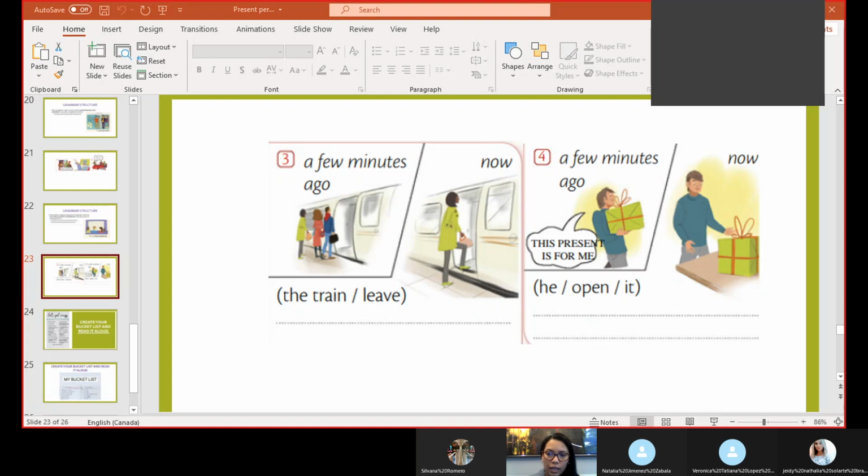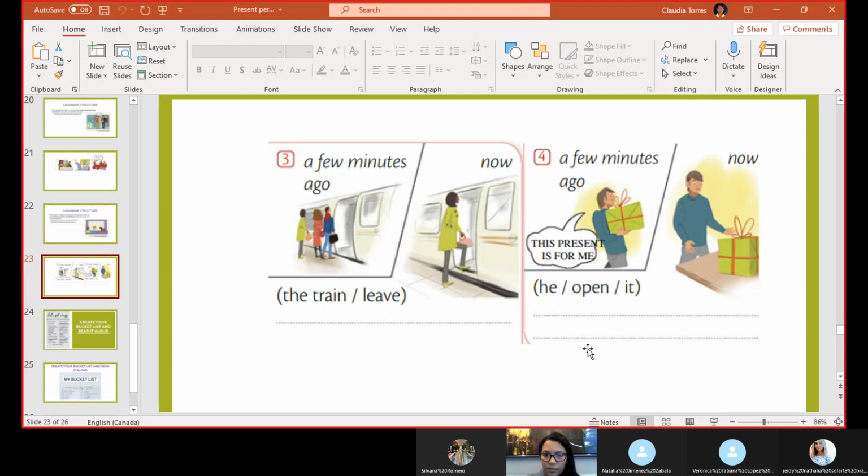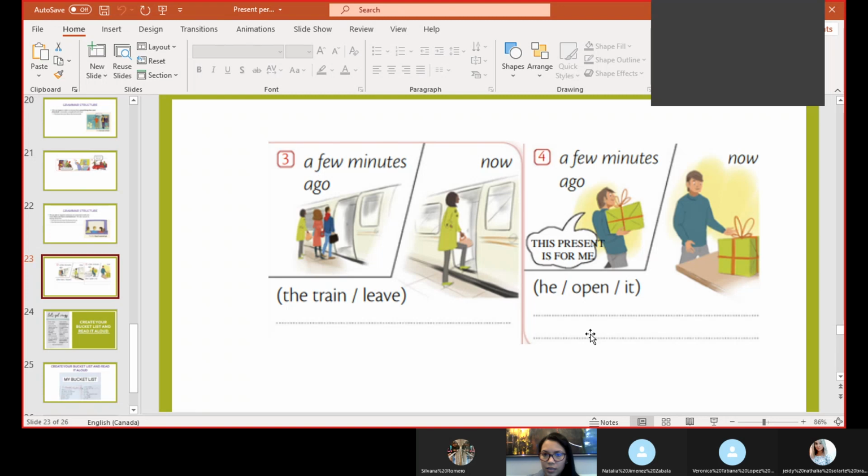So the train hasn't left yet. Why? Because the train is still there. The person has just arrived a few minutes ago. So the present, what do you say, Silvana?